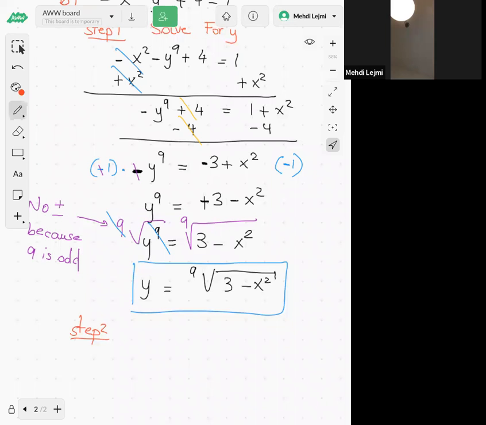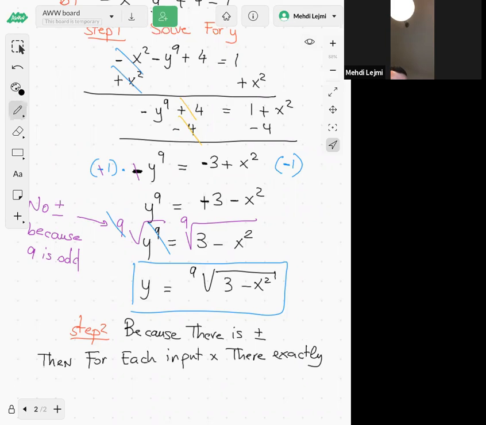So for each input x, there is exactly one output y. So y is a function of x.